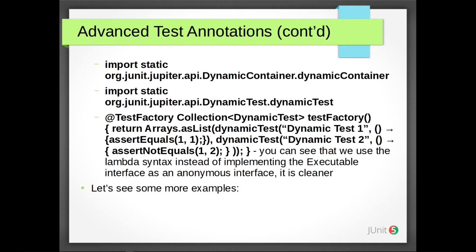And I'm gonna give you 15 seconds for it. Import static org.junit.jupiter.api.DynamicTest.dynamicTest. And I'm gonna give you 15 seconds to write it out.